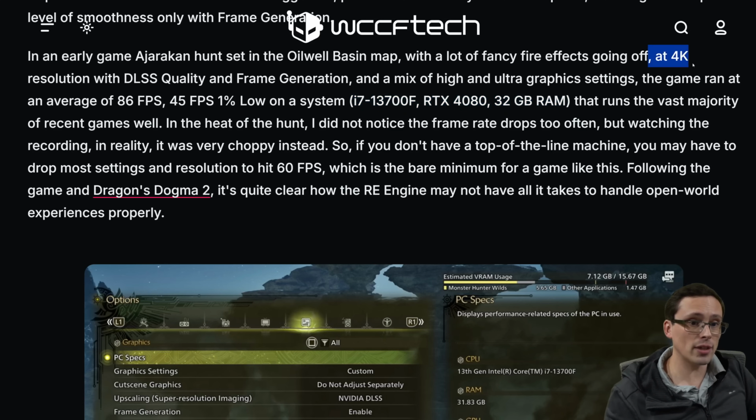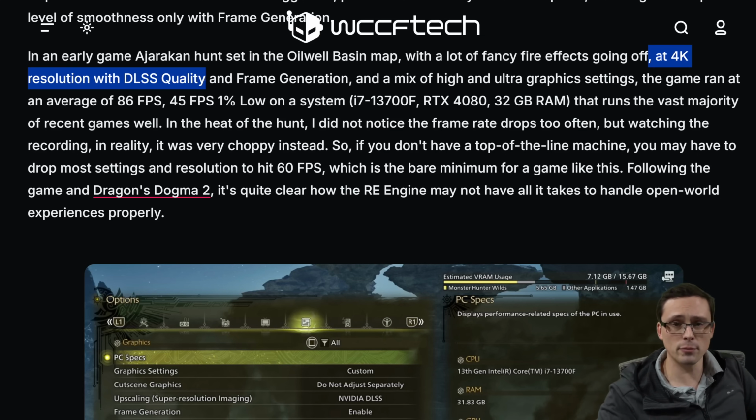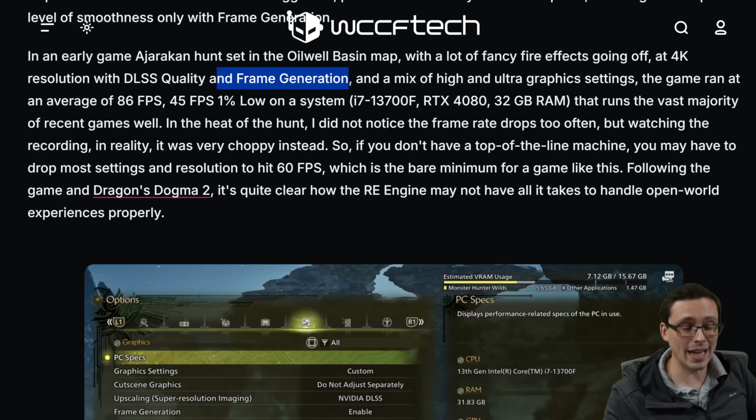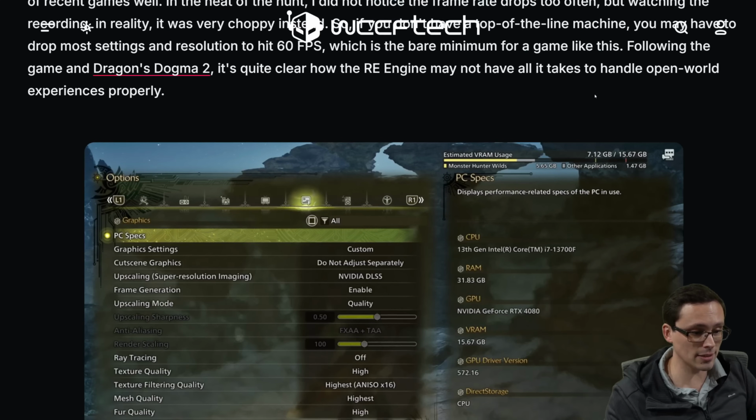That being said, they are trying to run it at 4K, although they're using DLSS Quality, which reduces the internal rendering resolution to 1440p, although there's a little bit of performance cost to the upscale, so it would perform a little bit better at a native 1440p. They're also using frame generation, and that's extremely important. They're also not completely locked to ultra settings. They're using a mix of high and ultra settings.